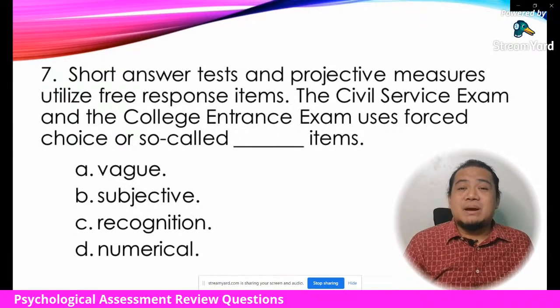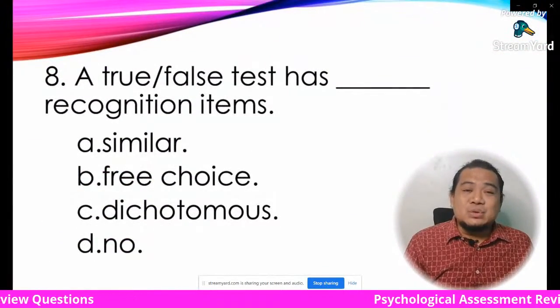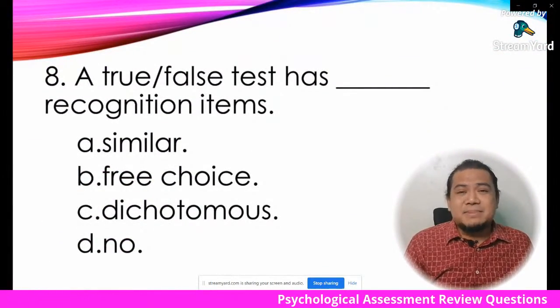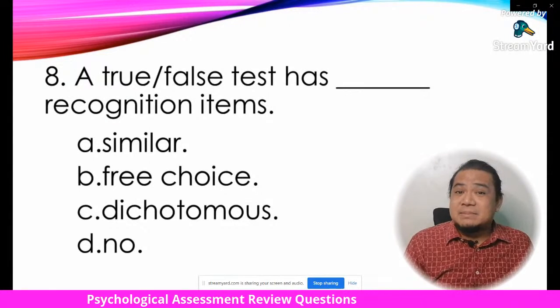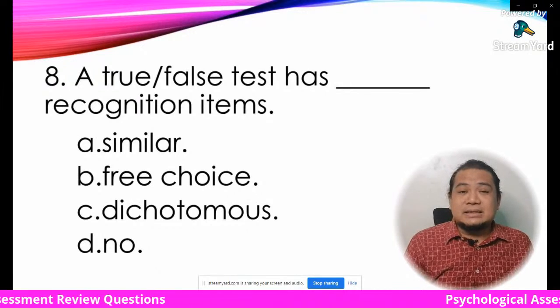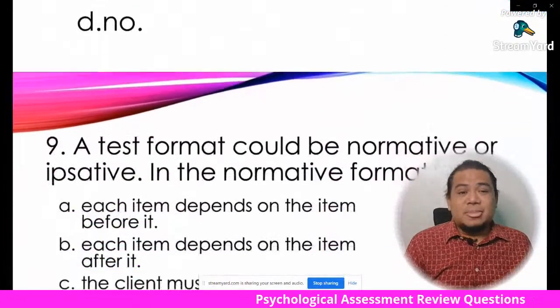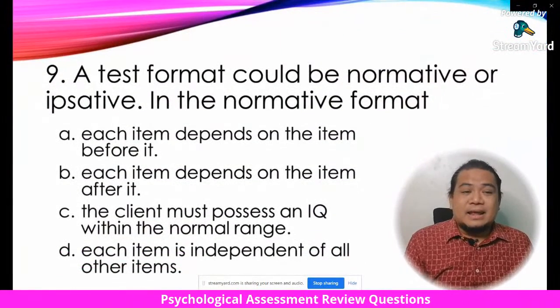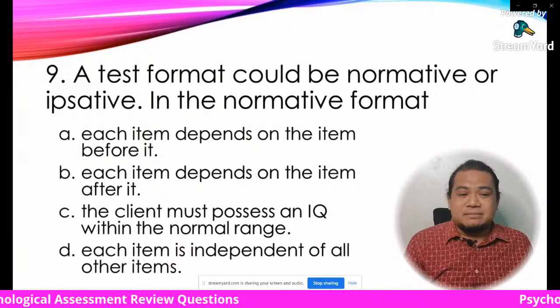Or D. Numerical? Number 8. A true or false test has blank recognition items. Is it A. Similar? B. Free choice? C. Dichotomous? Or D. No?